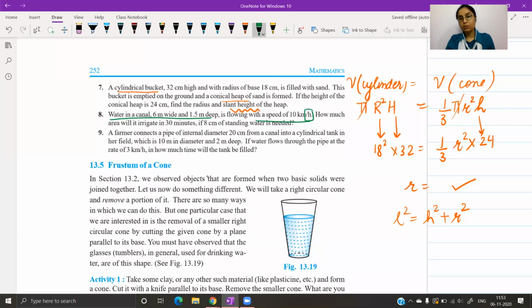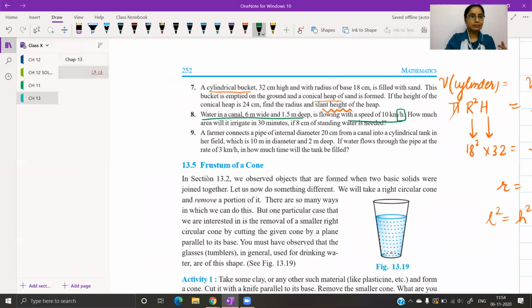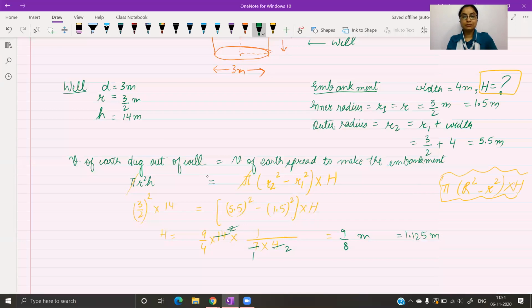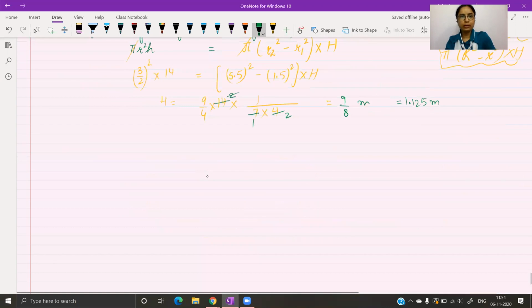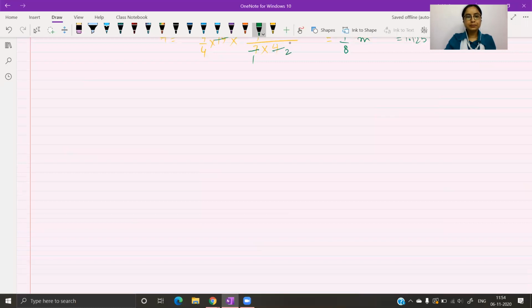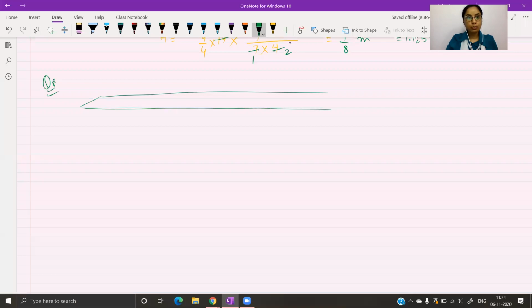And since we have been given the depth and the width, we will be representing the canal in the form of a cuboidal pipe. So I'm just going to draw a figure roughly. This is question number 8. So let's represent the canal as a cuboidal pipe.